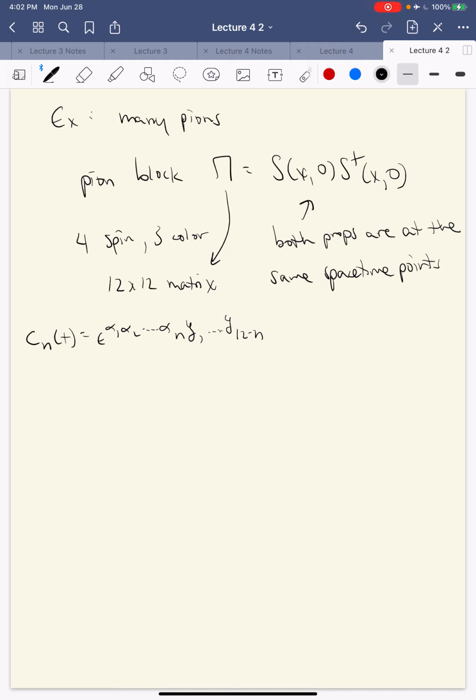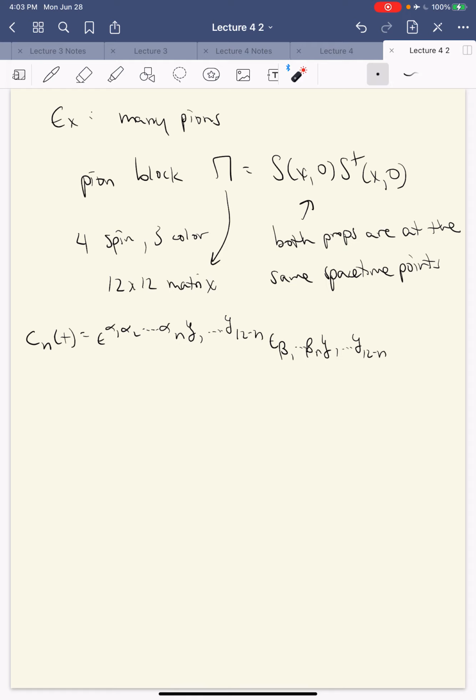I've labeled them here, and I've separated out the first n of them to correspond to alphas, and then the remaining 12 minus n to be the Xi's. And we need another one for the sink indices. This one runs to beta sub n, and then you have these remaining.